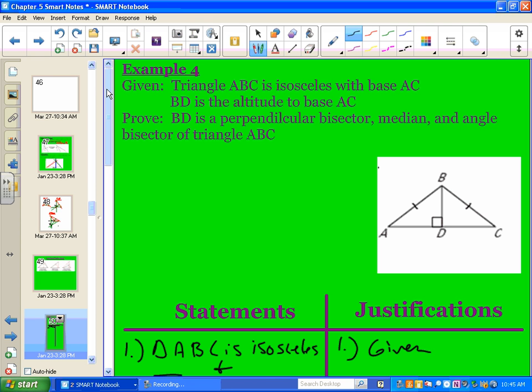And we want to prove that BD is a perpendicular bisector, a median, and an angle bisector.